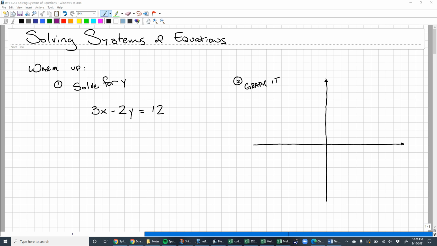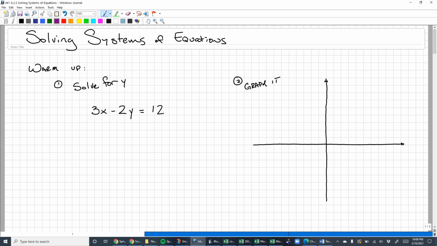This is your walkabout problem right here. After a minute, what we're going to do is solve. It says we need to solve for y, and we need to graph this. So let's go ahead and do that. The things that we need to do in order to solve for y are right over here.